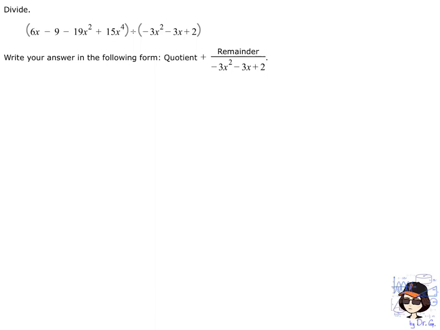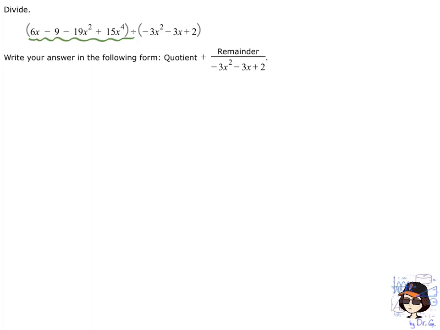So in this example, I'm doing 6x minus 9 minus 19x squared plus 15x to the fourth divided by negative 3x squared minus 3x plus 2. You might notice that the dividend is out of order.